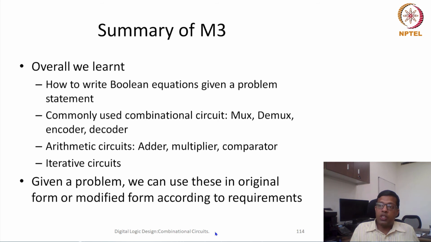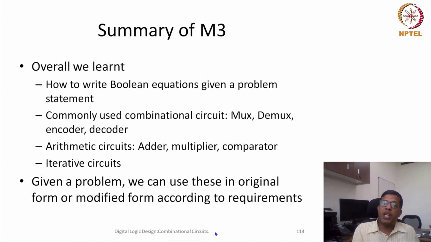The question with which we started this module was how to write Boolean equations given a problem statement. During this whole module, the last 8 lectures, we have seen different scenarios, different cases, and in most of them we have focused on how to write these Boolean equations, how to give input specification.